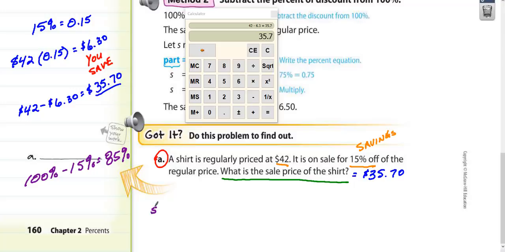So then we would take the $42, that's the regular price, and we would multiply it by 85% as a decimal, because that's the amount you pay. If you save 15%, you're paying 85%. So multiply it by 0.85, and surprisingly, but not really surprisingly, we again get $35.70.